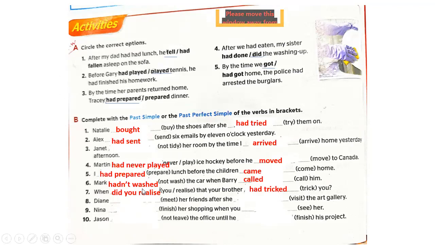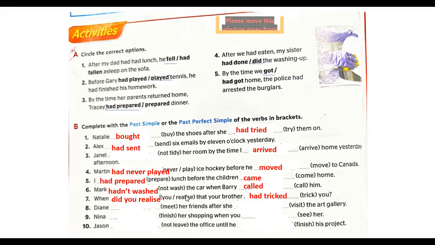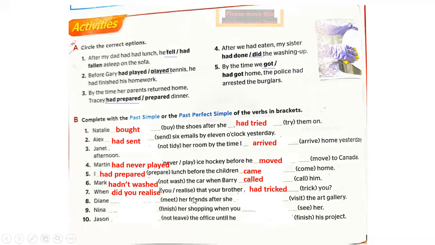Do you understand? You have two actions here. Forget about after and before. You have trick and you have realized. Which of these two actions happened first? Yusuf.